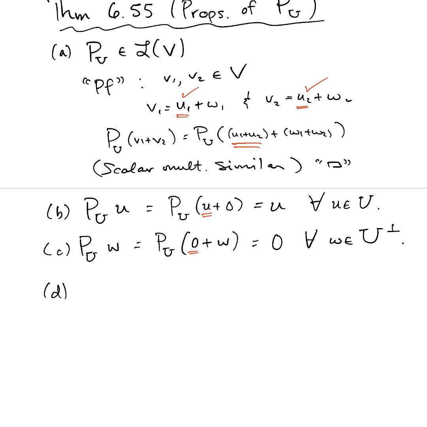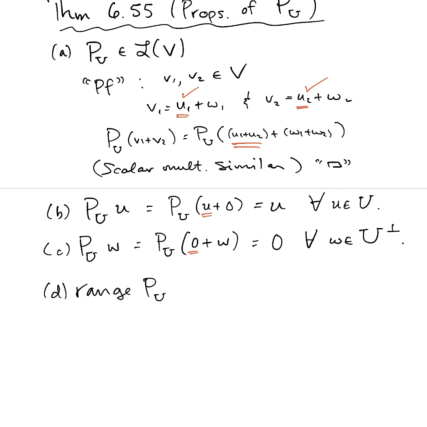Let's think about the range of this operator. Now just think about this for a second. The range of the projection. You plug anything at all into this projection, the answer is the part that belongs to U. So certainly all answers belong to U. So the range is definitely a subset of U. But we just said, look at property B. We just wrote this down.